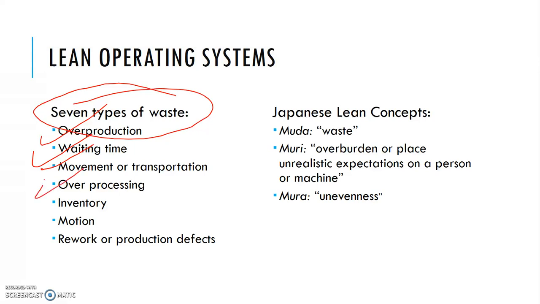Overprocessing, that means just doing more than the customer requires or expects from us. So let's think about a different production process. Let's think about making cars. Let's say we're painting the inside of a bumper to match the same color that's on the exterior of the car. Well, as a customer, I probably don't care a lot about the color of the inside of the bumper, because I'm never going to see that.